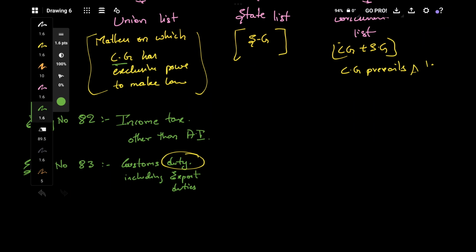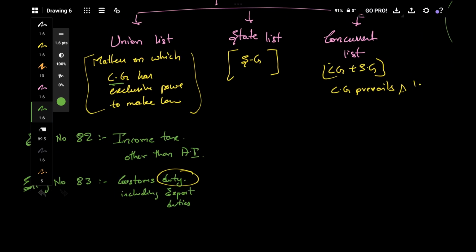Now let's move to the state list. In the state list, what do we have? Entry number 46 is about agriculture income. State government has the power to levy tax on agriculture income, but state government will not levy it. Why? Because of political reasons.